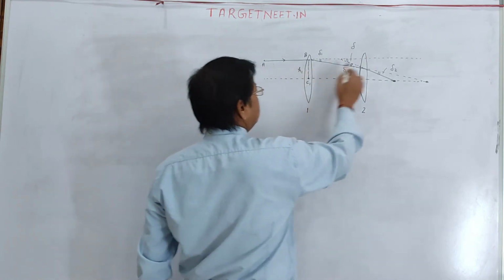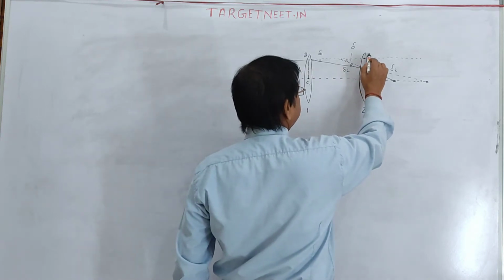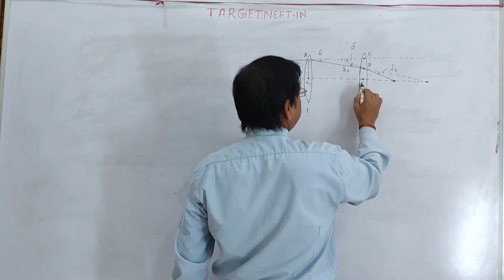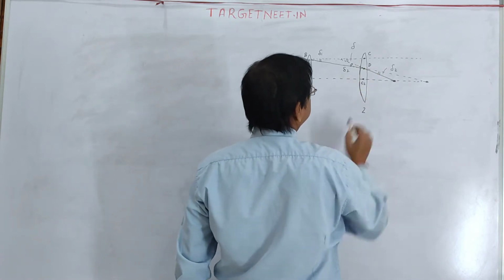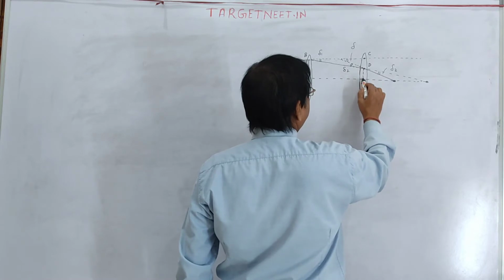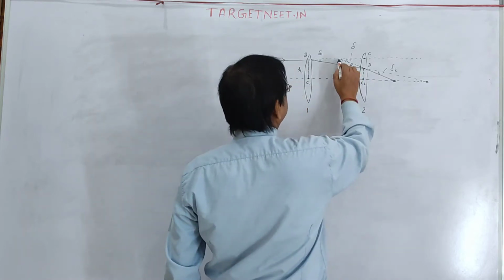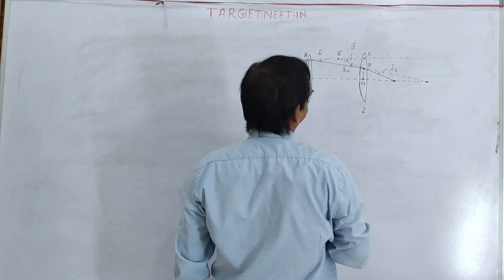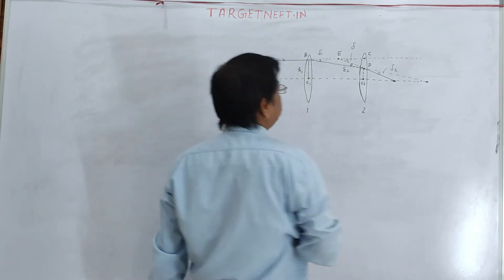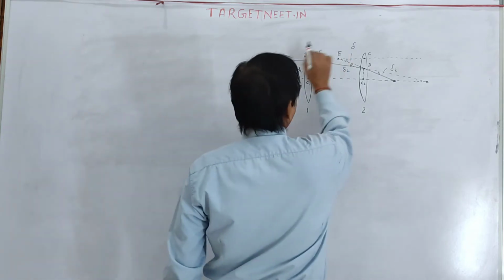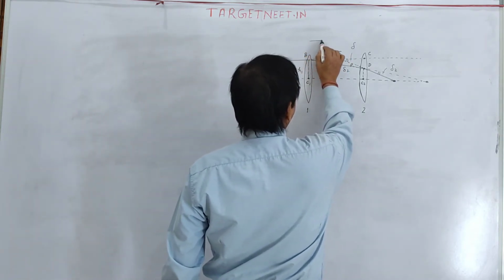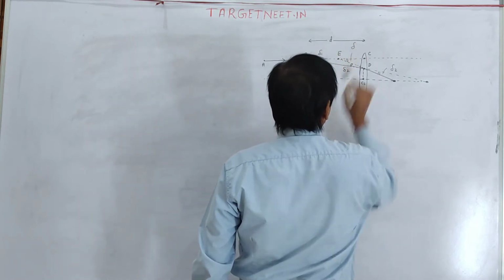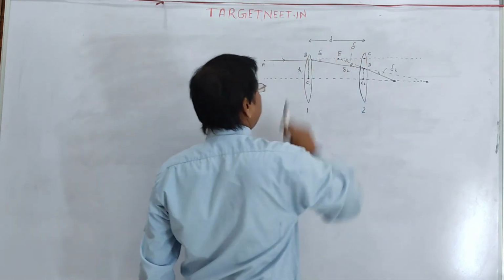Let this point be B, this point be C, this point be D, this point is C2, this point be E. And let the distance between these two lenses be small d, that is BC is equal to d.